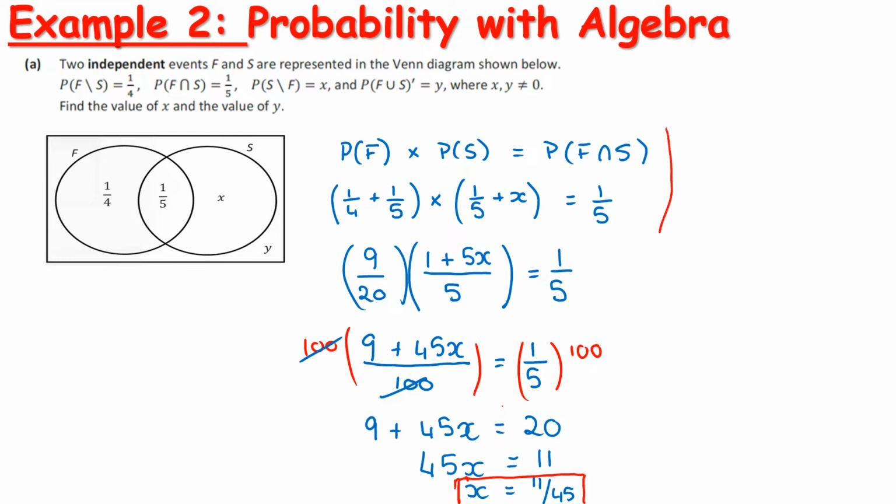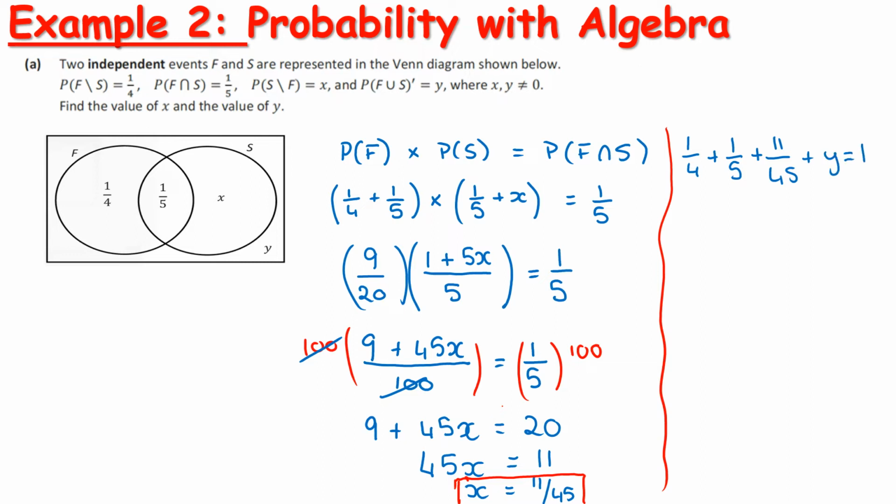Now y is a little bit easier, and most students would have been able to figure out y. Basically all my probabilities should add to 1. So a quarter plus a fifth plus x, which is now 11 over 45, plus y should all add to 1.